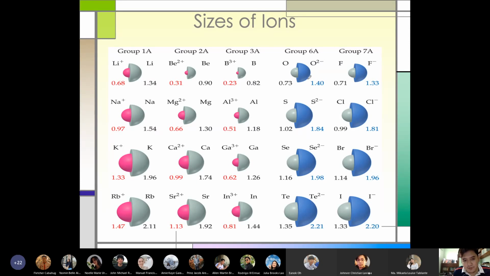I would like you to compare the sizes or atomic radii of the cations or anions to their neutral counterparts. What do you observe?